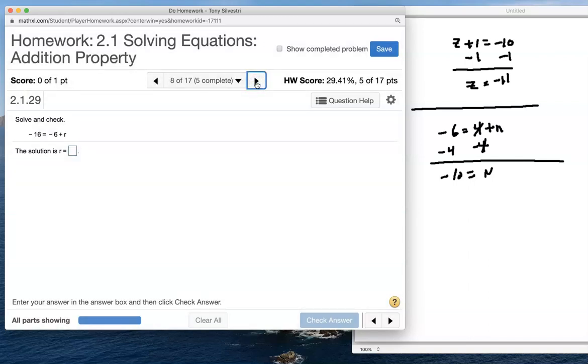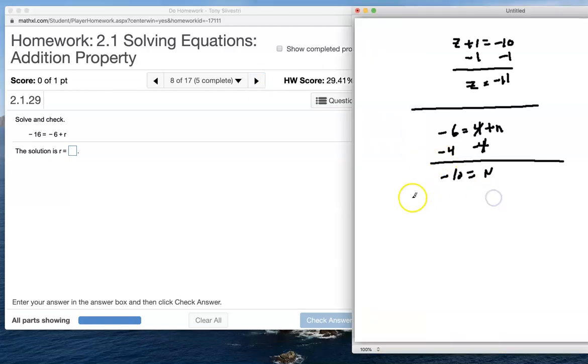They really are all the same. Just different numbers, and they give you different variables. Negative 16 equals negative 6 plus r. Well, I don't want negative 6 plus r. I want r by itself. I see a negative 6 there, so I'm going to add 6 to the right.